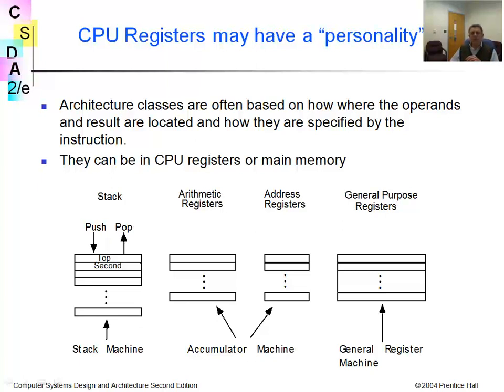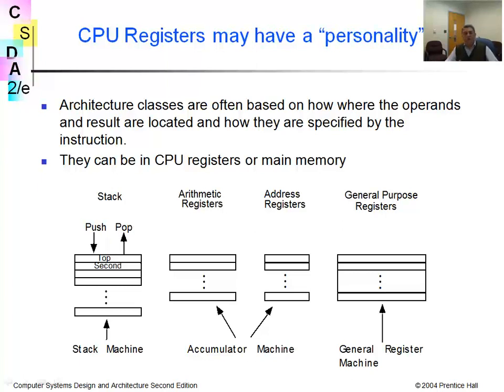These operands could be located in memory, in any of the registers on the CPU, on a stack machine, or in some special purpose registers, depending on how that processor has been designed.